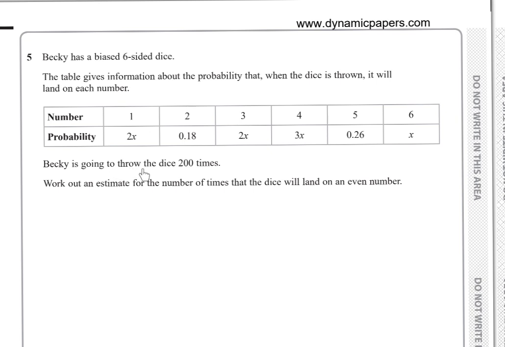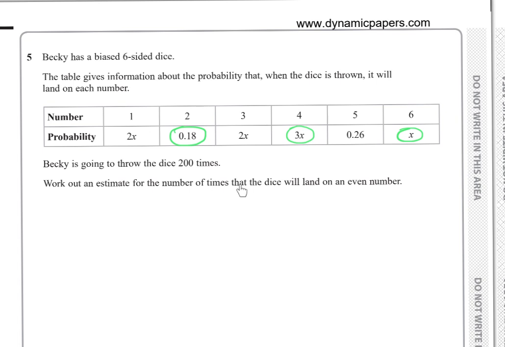Biki is going to throw the dice 200 times. Work out an estimate for the number of times that the dice will land on an even number. Even numbers means 2, 4, 6. So the probability of 2, 0.18, probability of 4, 3x, probability of 6 equals x.